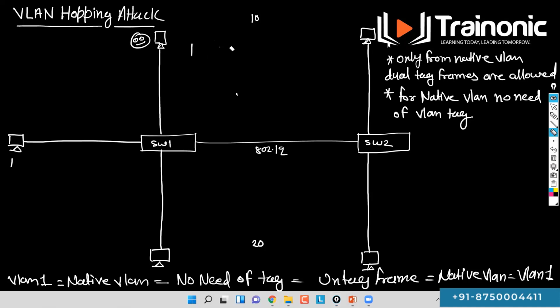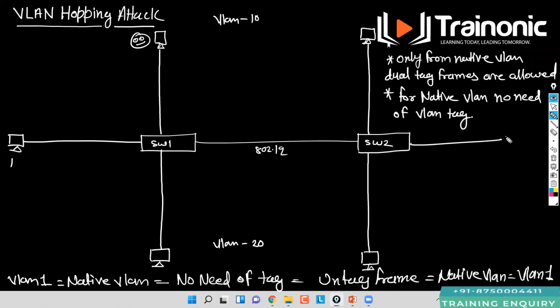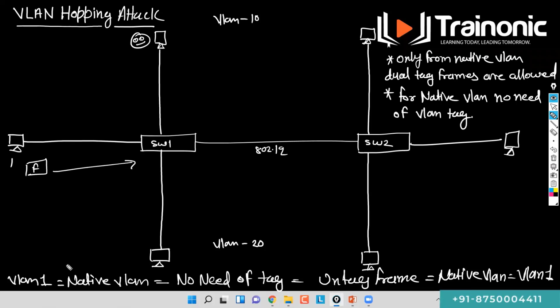Now we also have a user in VLAN 1. When this host sends a frame, that frame will arrive at the switch. The switch will see the frame is coming from VLAN 1, which is native, no need of tag. Then this frame will be forwarded as it is to switch 2.